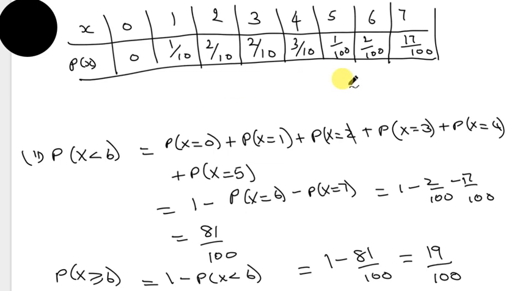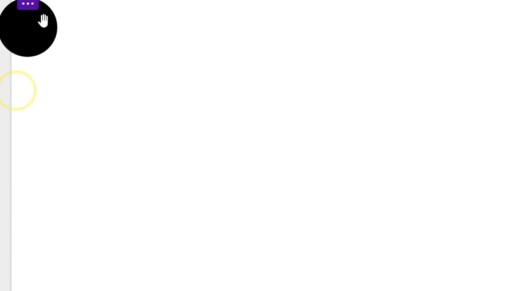From 0 to 5, we have 0 less than x less than 5. So 0 is not included, 5 is not included. So 1 plus 2 is 3, plus 2 is 5, plus 3 is 8 by 10. So the last probability that we have to find out is P of 0 less than x less than 5. That value is coming out to be 8 by 10.